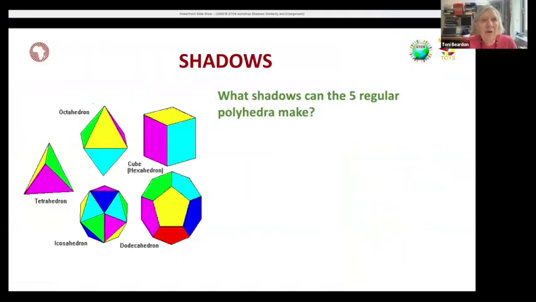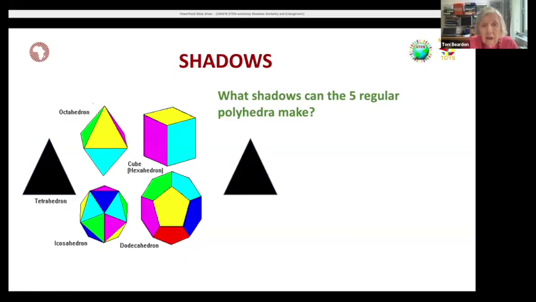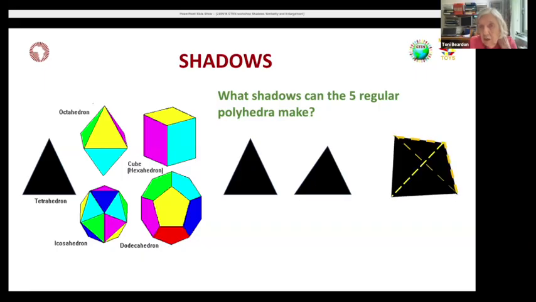And now, if we move on, we've got some pictures here, and we're asking what shadows can these 5 regular polyhedra make? Just as an example, the tetrahedron: I could make a shadow that looked like that, but as Caroline showed you, from different angles you can get different shadows.